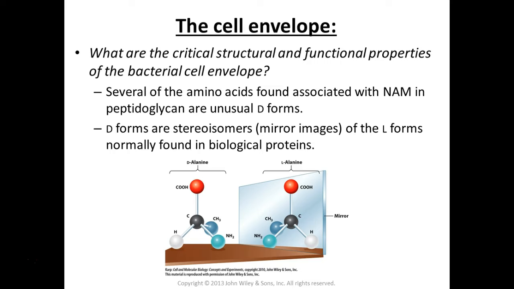So it's actually really interesting because the D form of amino acids is not common in nature. Most amino acids are in the L form, the left-handed form, instead of the right-handed form, which we denote D. It's interesting. It's like, how do they put this stuff together? Why are they making it different? You know? It's kind of cool.